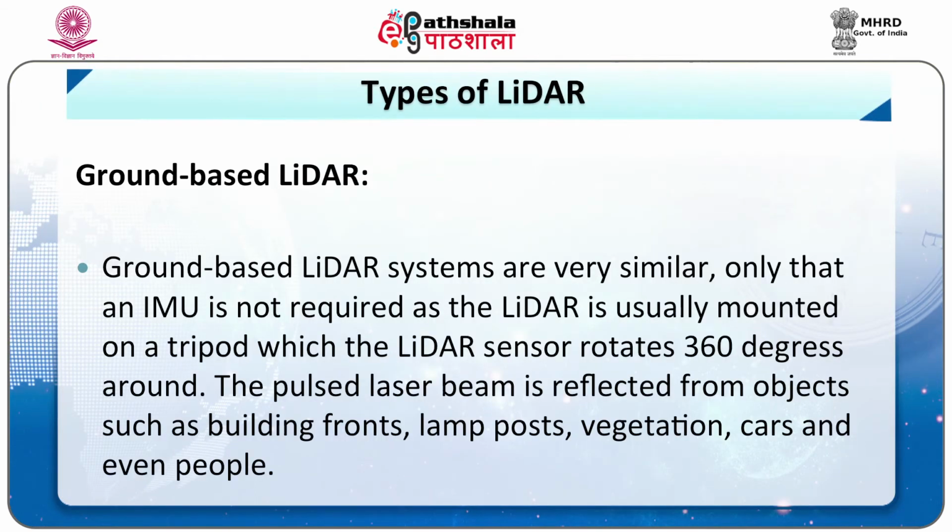Now we will discuss ground-based LIDAR. Ground-based LIDAR systems are very similar, only an IMU is not required as the LIDAR is usually mounted on a tripod, around which the LIDAR sensor rotates 360 degrees. The pulsed laser beam is reflected from objects such as building fronts, lamp posts, vegetation, cars and even people.